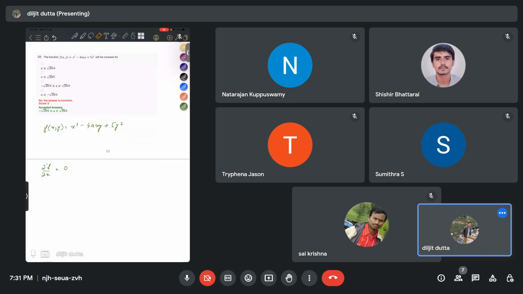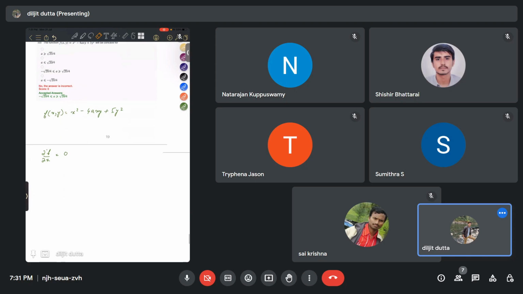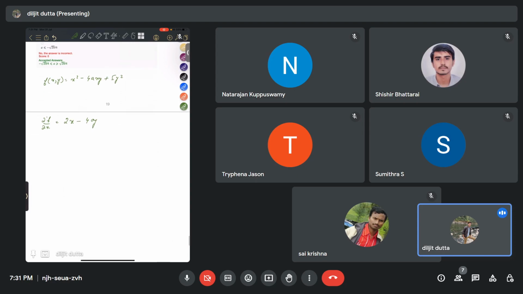Okay, so we'll get the derivative. We'll go to the definition of concave. So del f by del x, we're not setting it to 0, we're just getting the function initially. So what will be del f by del x? It will be 2x minus 4ay, since 5y square gives 0 here. And del f by del y is equal to 10y minus 4ax.